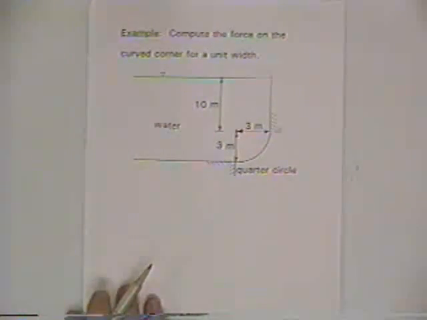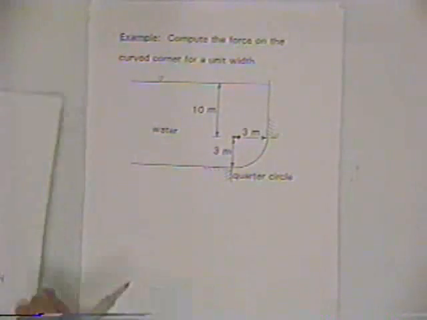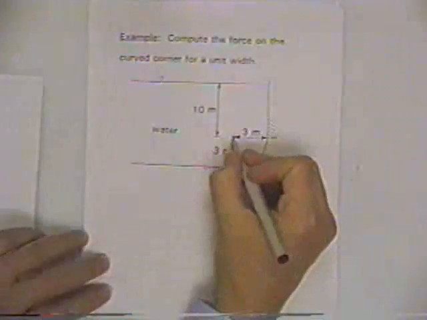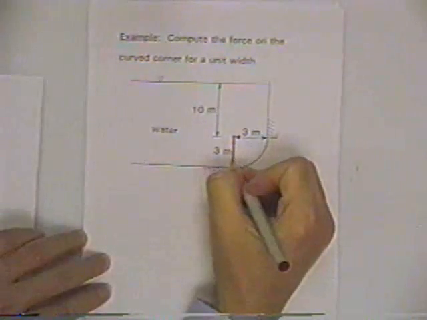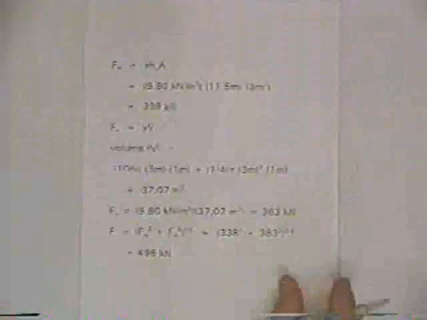And so we can think in terms of horizontal and vertical components of the force, and the horizontal component of the force is just going to be acting upon a vertical projection here. And so we're looking at the numbers.